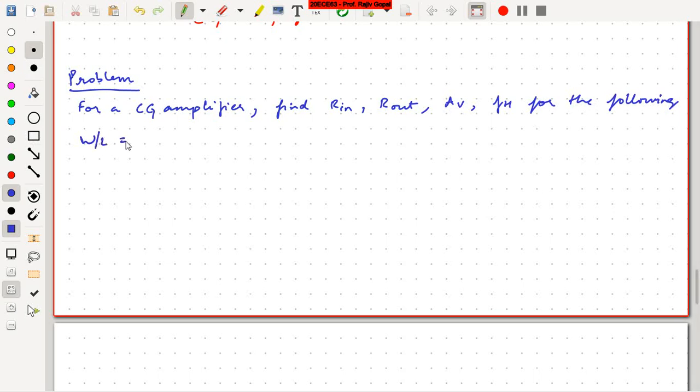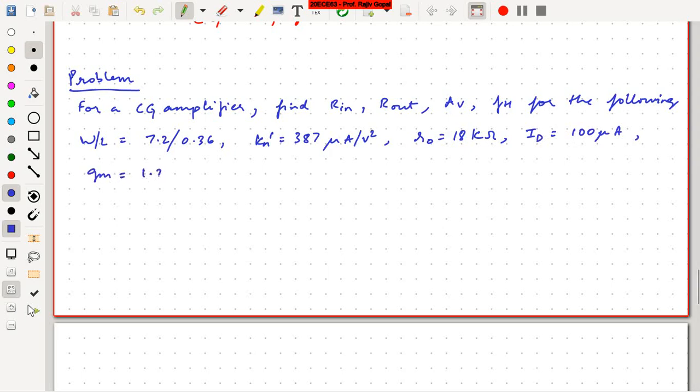W by L is 7.2 divided by 0.36. Kn prime is 387 microamps per volt square. Then you have R0, which is 18 kilo ohms. Then ID is 100 microamps. Then GM is 1.25 milliamps per volt.